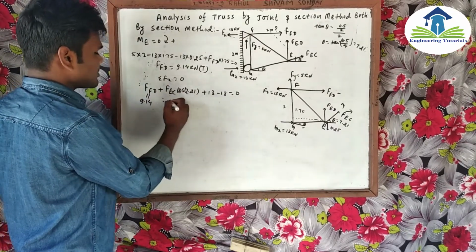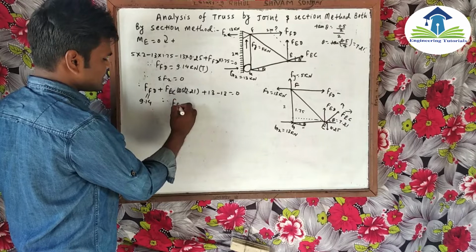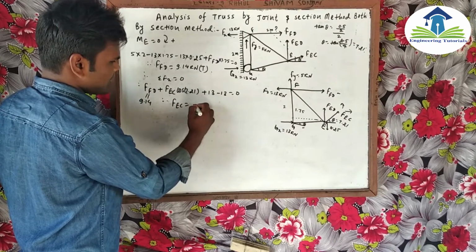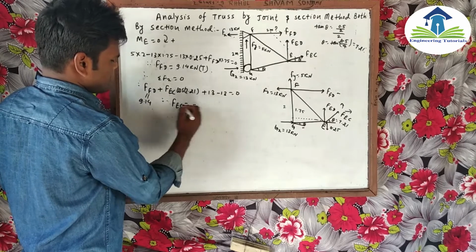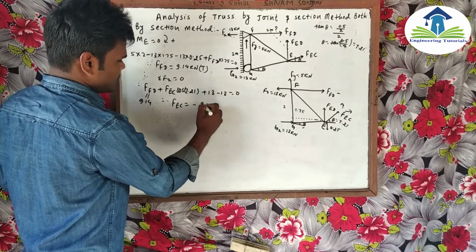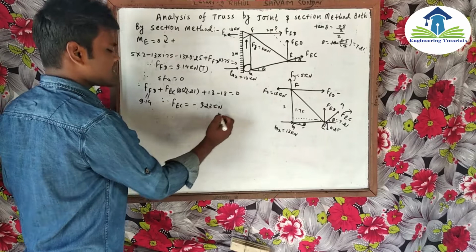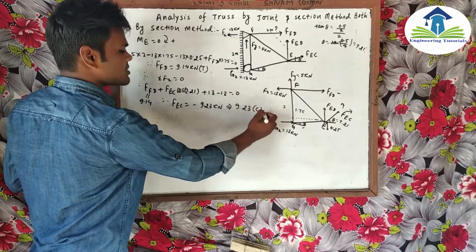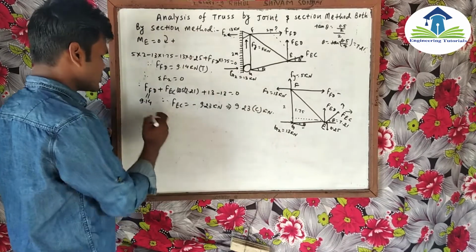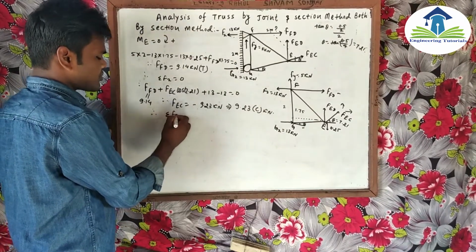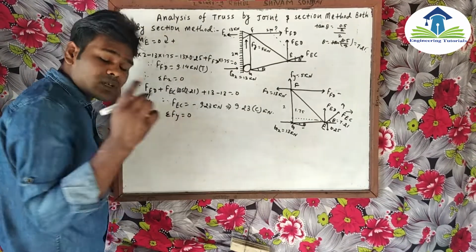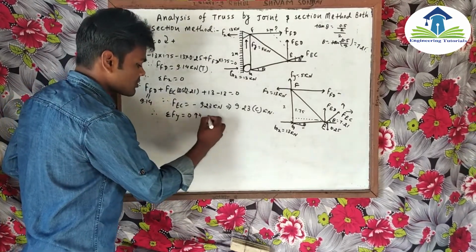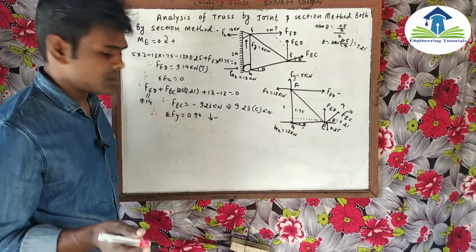After calculation, the value of FEC will be 9.23 kilonewton. This is negative, so this is a compression force. Now from total vertical force equal to 0, the total upward force is positive and downward is negative.